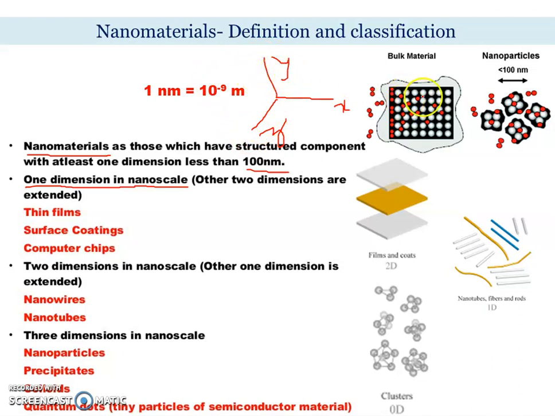So in the bulk material, if you keep on decreasing the size of one dimension to nanoscale, we end up with a two-dimensional material, which means thin films and surface coatings, etc. Here, this is one dimension and this is another dimension, and here the thickness is around a nanometer. Here the x-axis and y-axis are greater than 100 nanometers and the z-axis is less than 100 nanometers. So this is called a thin film or a 2D nanomaterial.